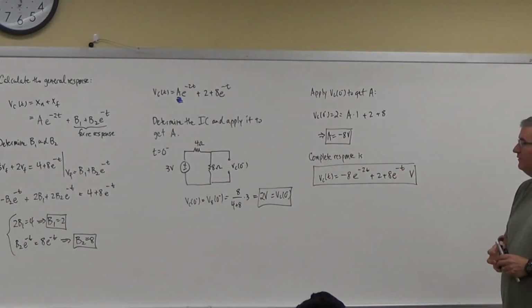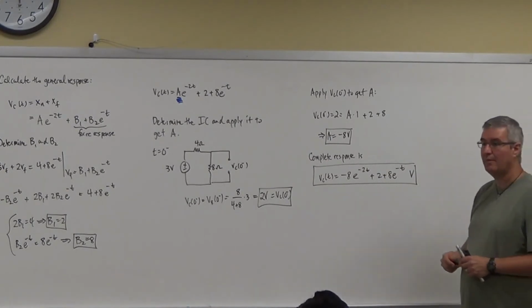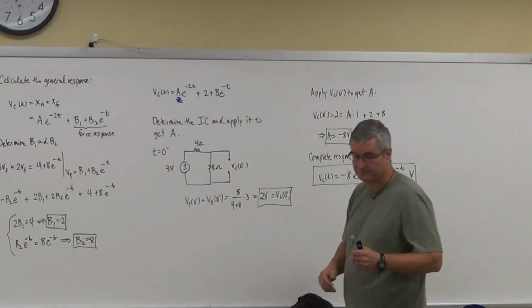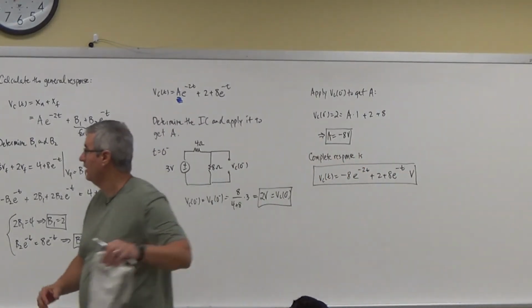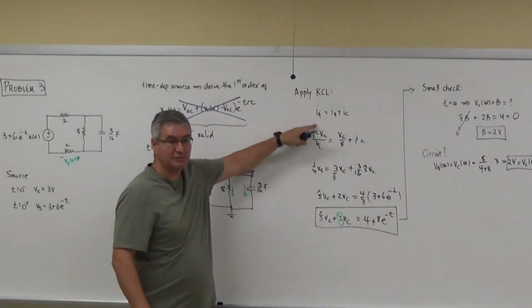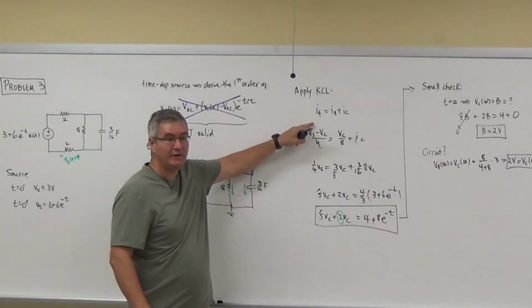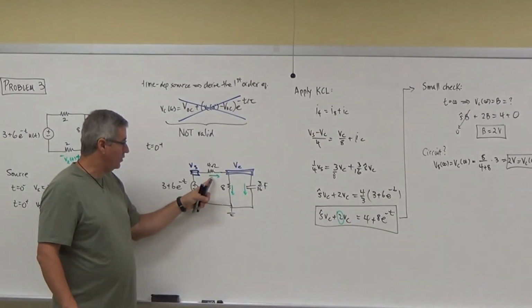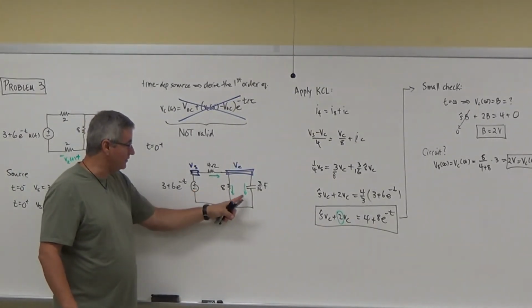So now I have the complete response. Now I'm going to use this to calculate the voltage here. I kind of hinted that it had to be that solution right there. It had to be that equation. So when we come back, if I know to get this current, I need that current and that current.